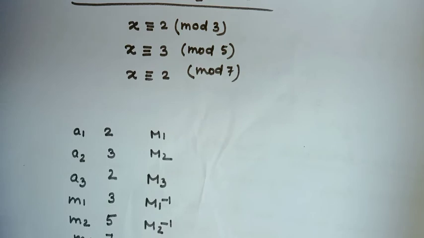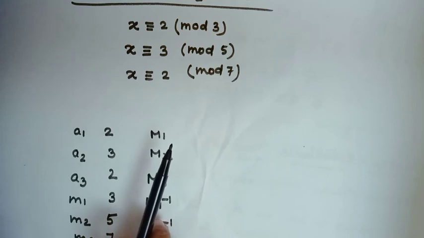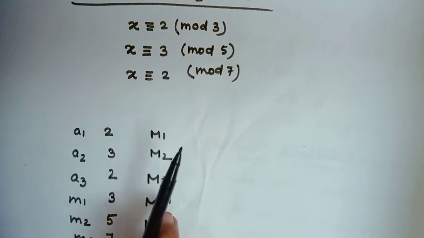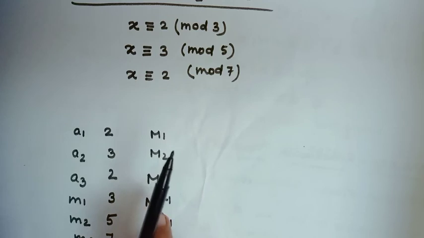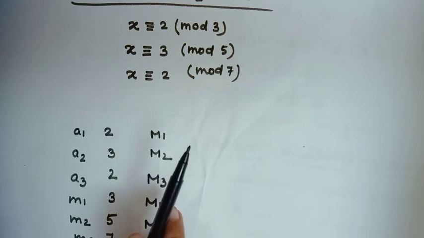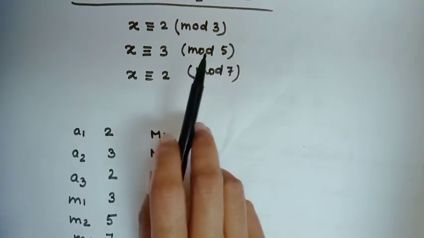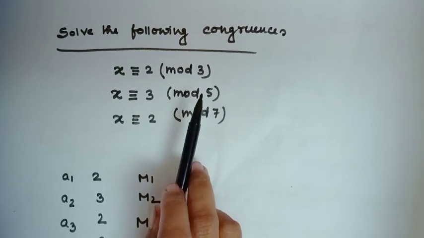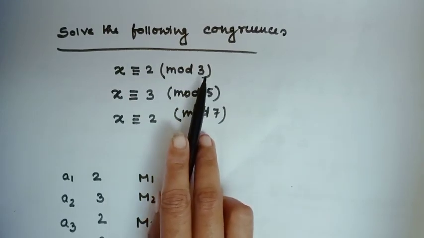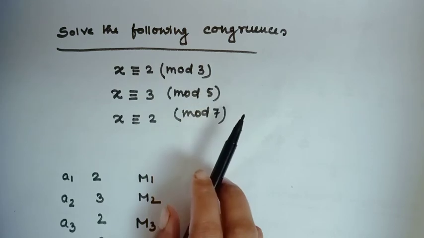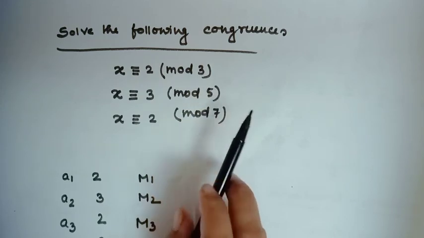Before solving the problem, we should confirm whether we can solve it or not, because in the Chinese remainder theorem the solution exists if the GCD of m1, m2, up to mn equals 1.